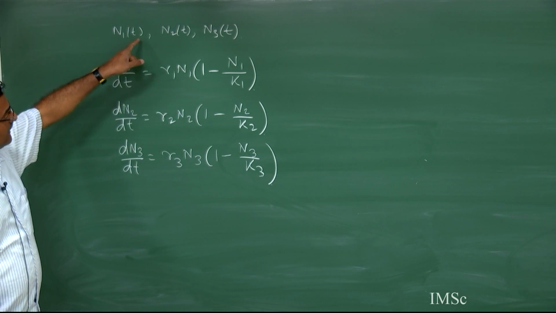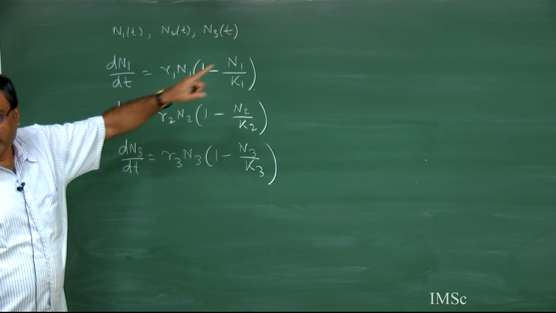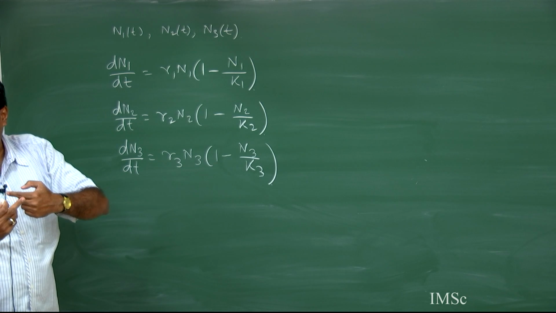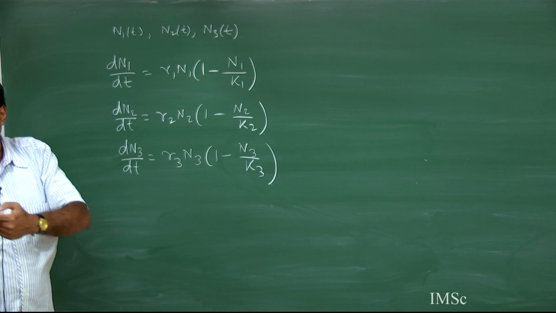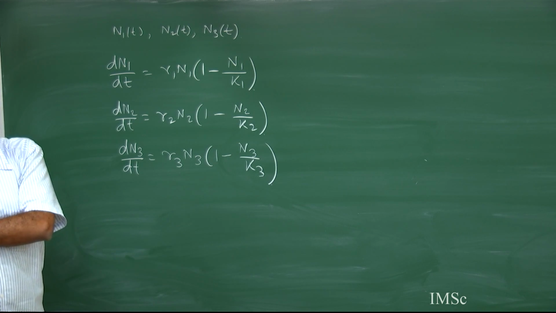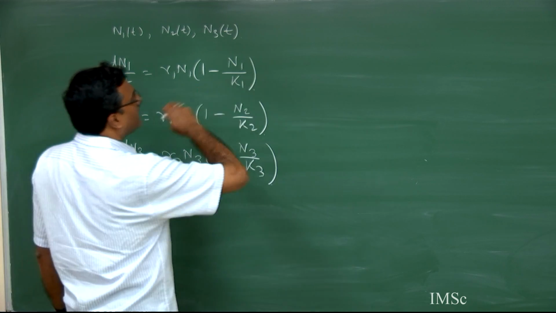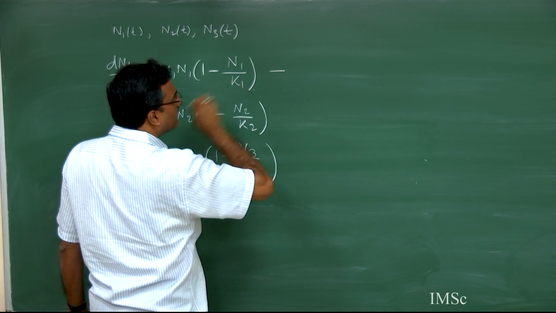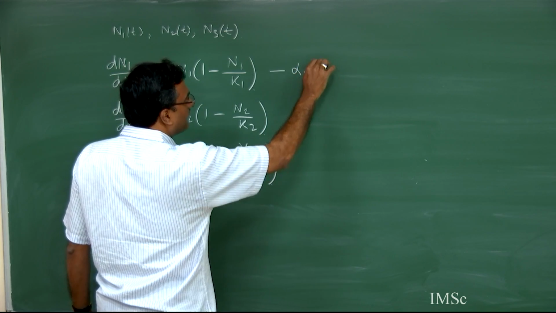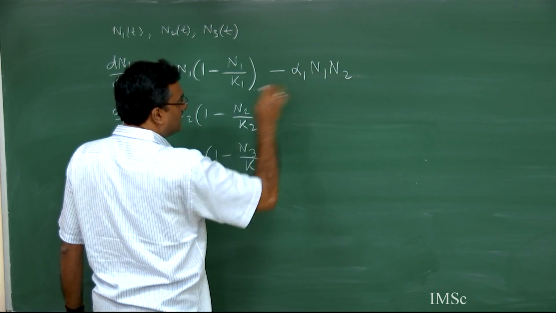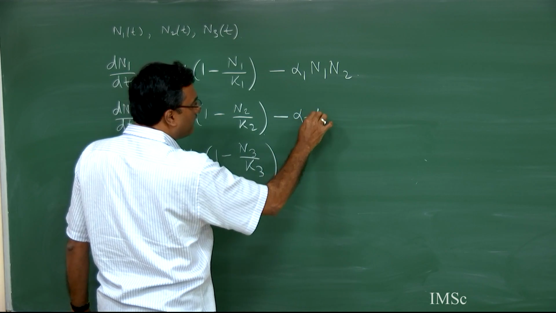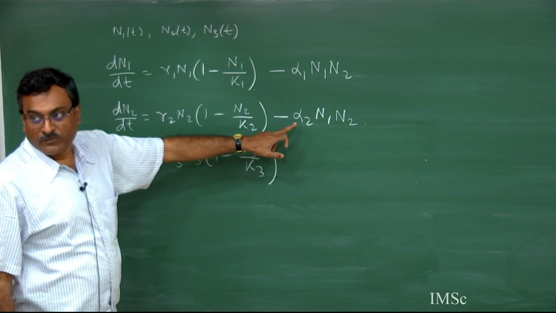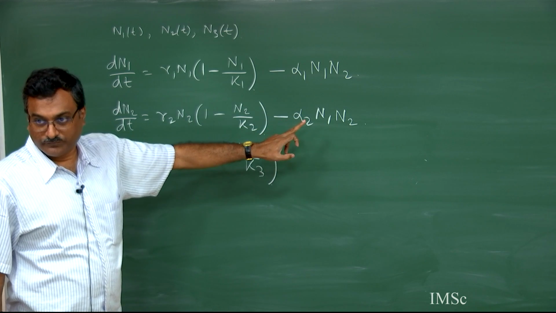Now the idea is that each of the species competes with the other species in a pairwise manner for some resources or favorable habitats. So, here we can introduce a competition between N1 and N2. We use some alpha1 N1 N2 in this equation, similarly some alpha2 N1 N2 here. These two terms correspond to competition between N1 and N2.